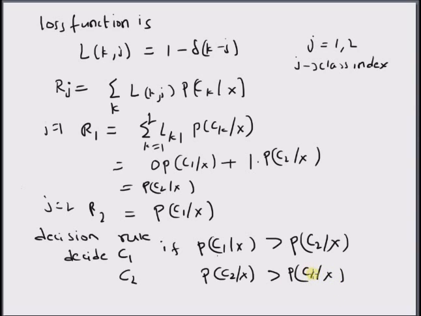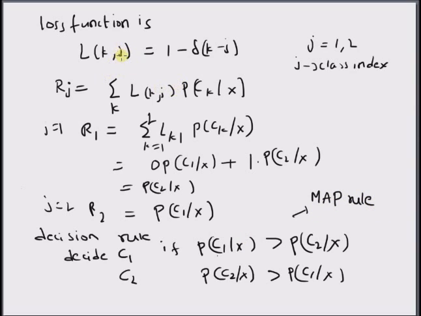So we decide in favor of class 2 if the posterior probability of class 1 given x is smaller. Hence, and if you recall from our videos on Bayesian decision theory, this is nothing but the maximum posterior probability rule, or a decision rule based on maximum posterior probability.